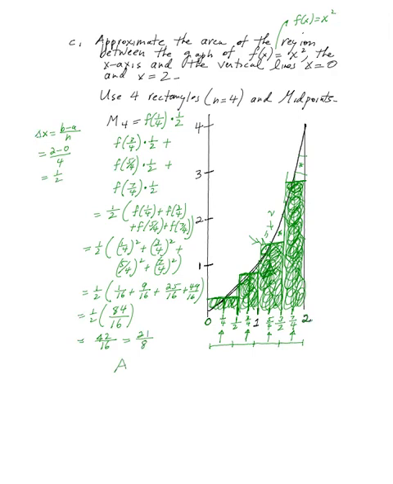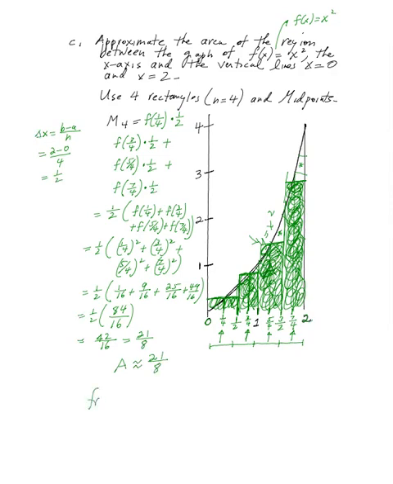And we've estimated the area under the curve to be 21 over 8. So, from looking at A, B, and C together, our lower bound in the B part for the area was 3/2.